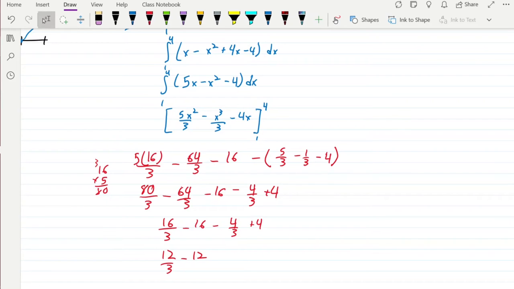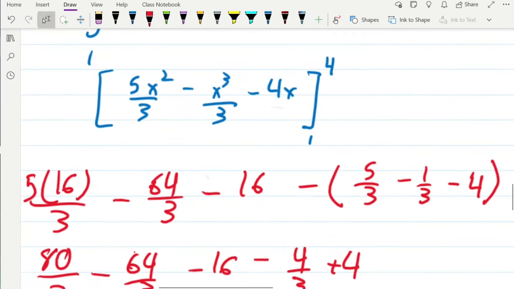It says the integral of 0 to 4 should equal -1/3 plus 5/2. Okay, never mind.